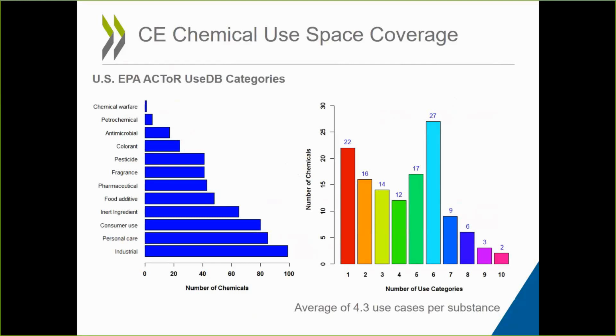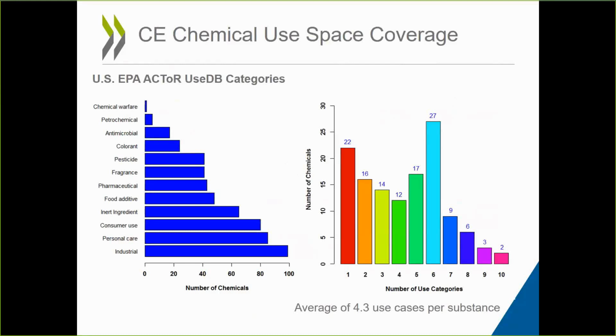They're used in industrial products and a variety of other categories. So it is much more broad than just simply cosmetics ingredients. And on the right hand, you can see that many of those chemicals are actually used in more than one. About 80% of the chemicals are used in at least 2 of those categories.